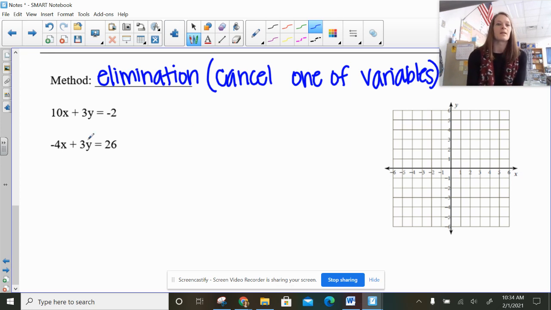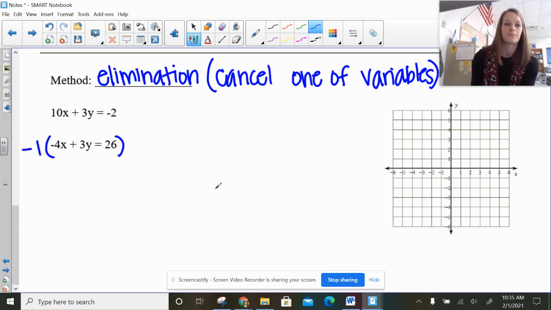Okay. Now, one thing I want you to look for is like both of these are 3's, but if one of them was a -3, they would cancel out. A positive number and a negative number of the same thing will cancel out. So I want to make, I'm just going to say this one, a -3. So I'm going to multiply this whole problem by -1.